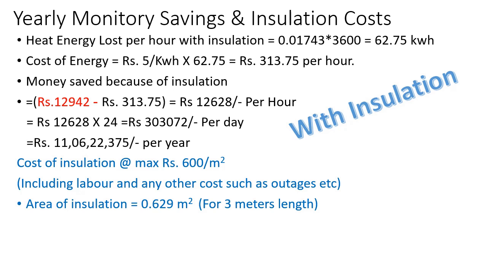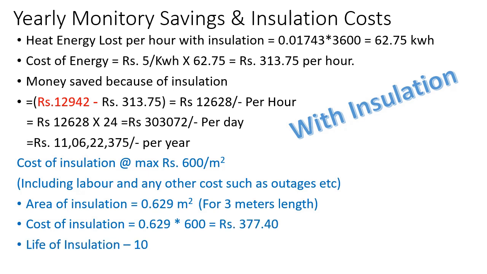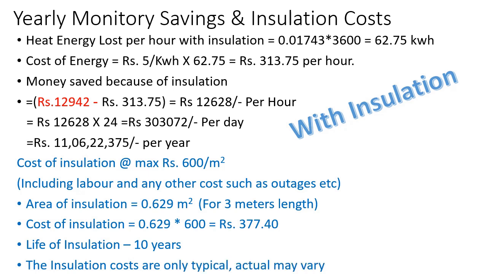So the cost of insulation would be a mere rupees 377.40, and the life of insulation would be around 10 years. The insulation costs mentioned here are only typical. Actual may vary, but not to a great extent. So this would be the insulation cost.